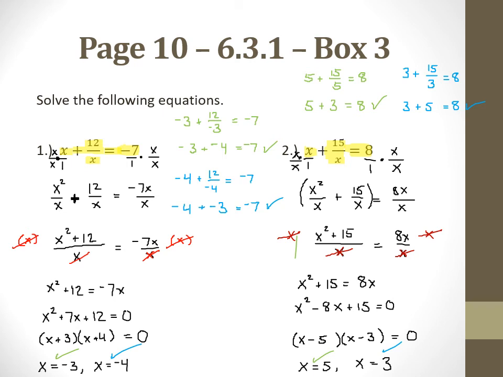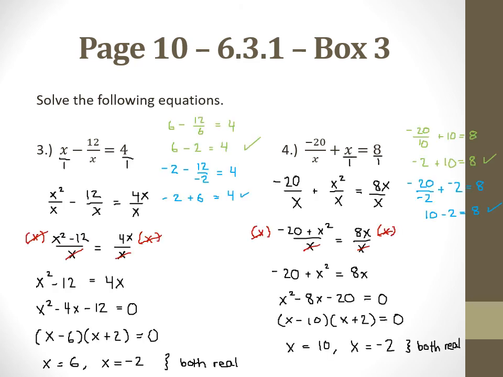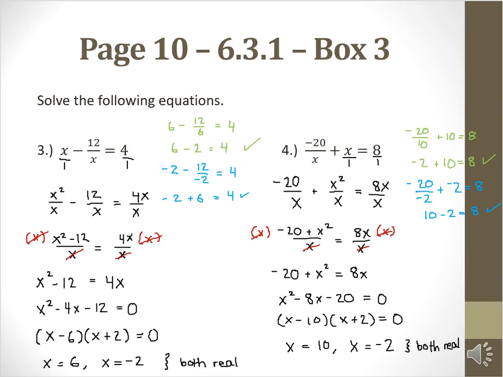So to finish off for today, go ahead and try box 4 on your own. See if you can get the same solutions as me, and then hit play to see whether or not you are correct. And here are your solutions for these last two problems.